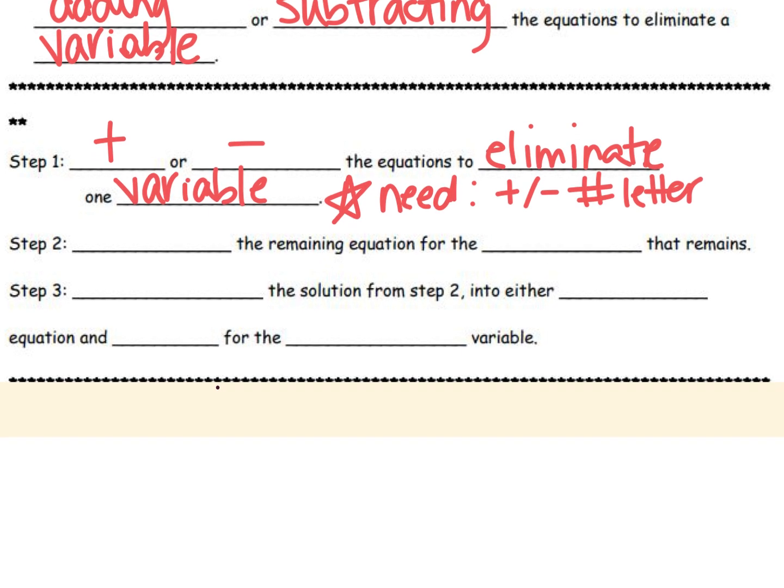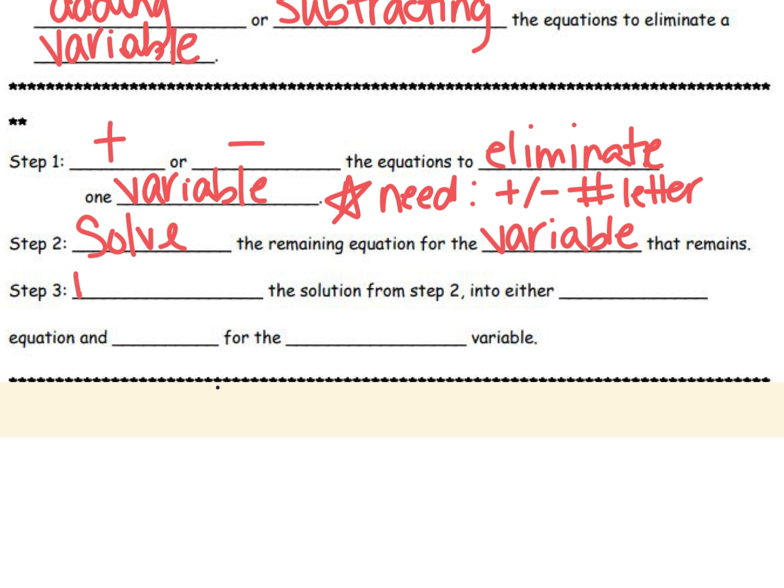So once we've eliminated a variable, then we're going to solve that remaining equation for that leftover variable. So if we eliminate the x's, we'll solve for y. If we eliminate the y's, we'll solve for x. And then just like substitution, now we have one of the numbers for the letter.